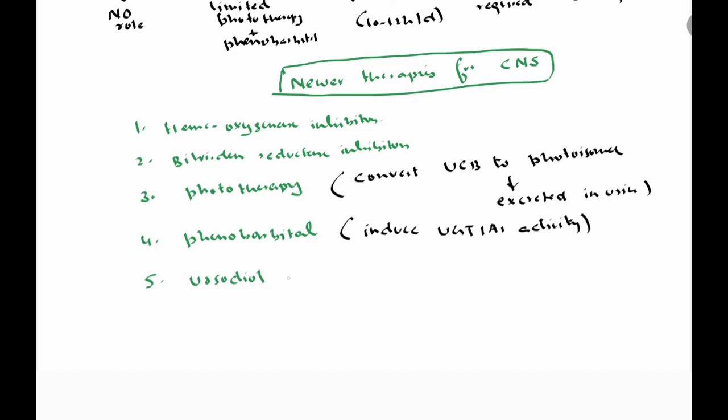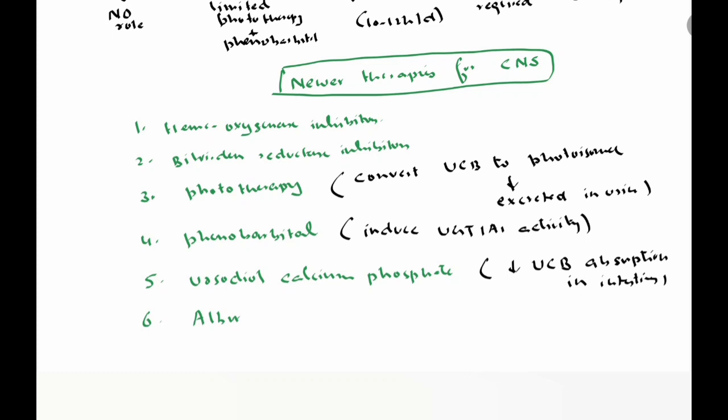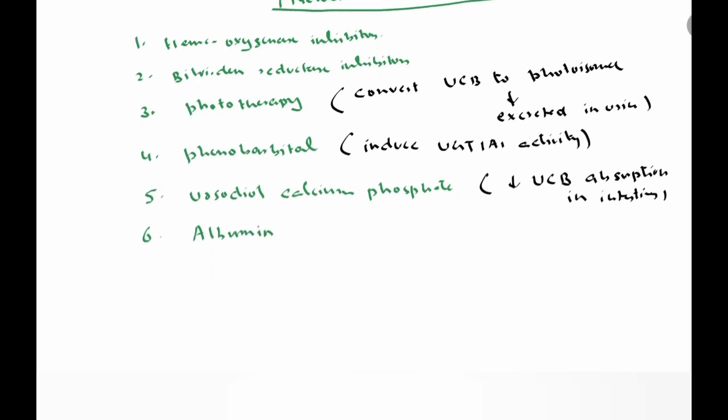And there is a role of ursodiol and calcium phosphate. This decreases unconjugated bilirubin absorption in intestines. Albumin infusion has also a role. Albumin decreases free bilirubin because unconjugated bilirubin is bound to albumin in the blood circulation.